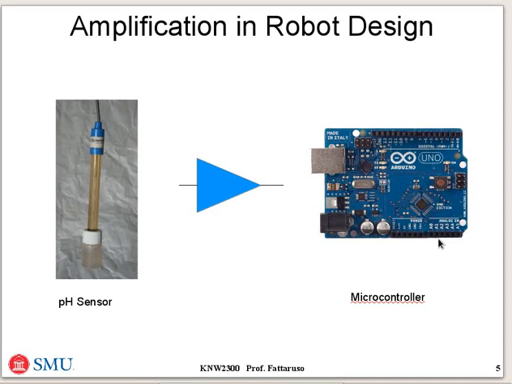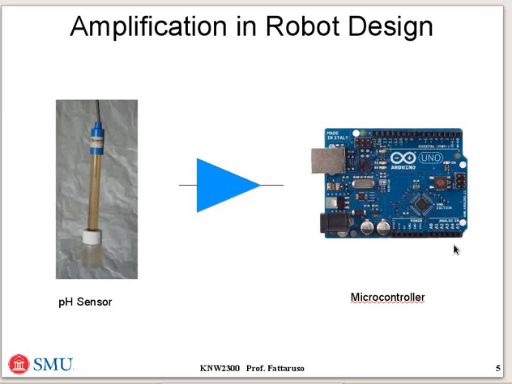Well, the analog input levels that are expected by the analog to digital converter on these microcontrollers are on the order of volts. And so you're going to need to design an amplifier block that will increase the voltage level generated by these pH sensors to something appropriate for the Arduino board.